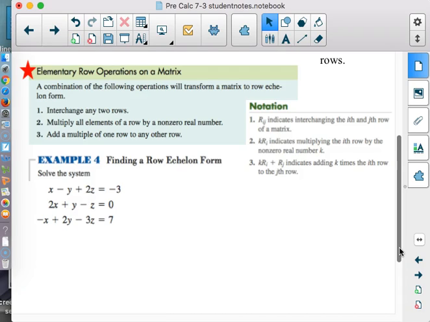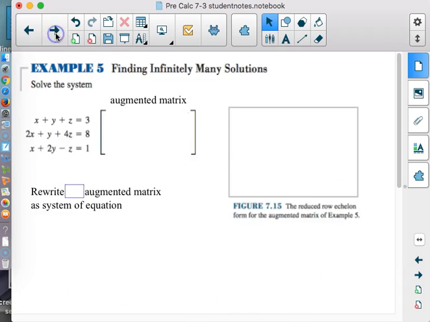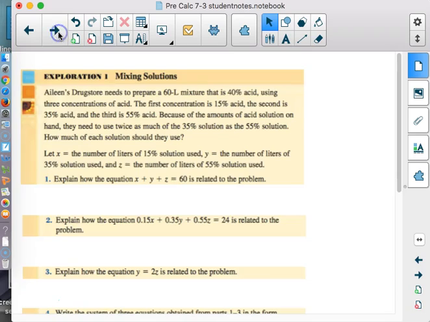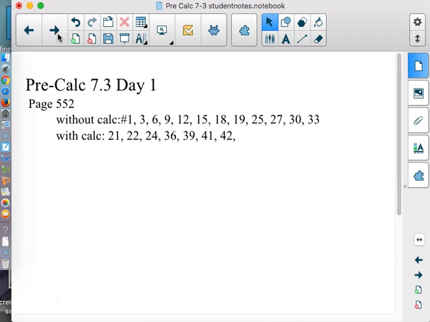All right. So we're going to take a peek at how far we'll be able to go.